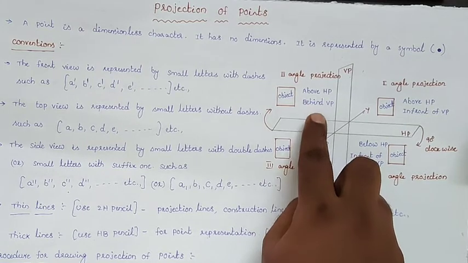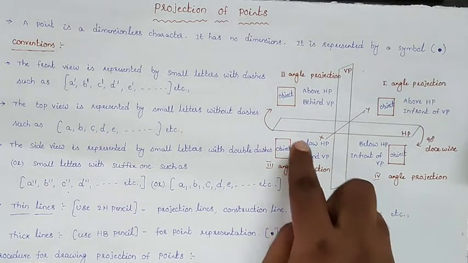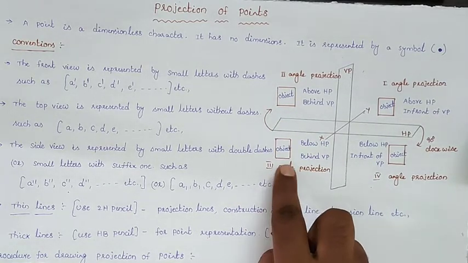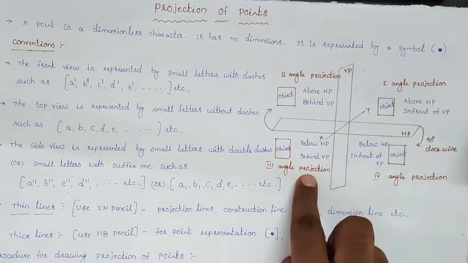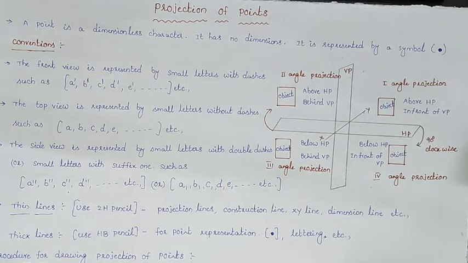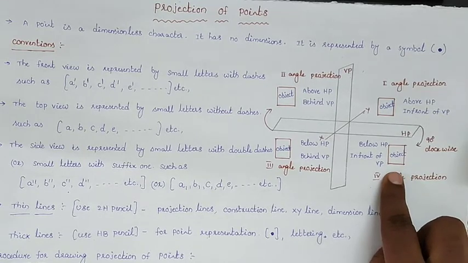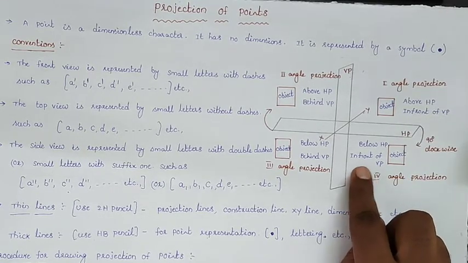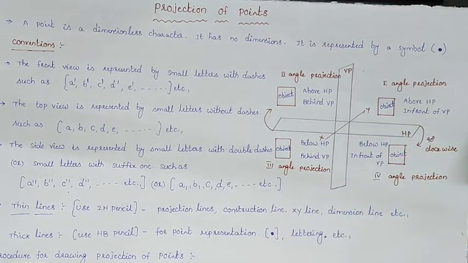If the object is in the third quadrant, the position is below HP and behind the VP. This position is very important, because by using the position we can draw the projections, that means the front view, top view and side views. And if the object is in the fourth quadrant, the position is below HP and in front of the VP. So these positions are very important.